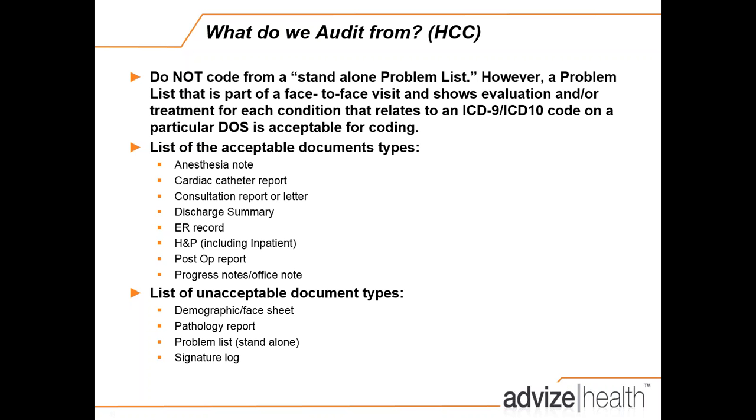Cardiac cath is considered somewhat of an ancillary procedure or department, so if we just have a cardiac cath report, we cannot use it. But if we have the cardiac cath report inside that data service and it's mentioned in that face-to-face, we can use it. So again, this is just general. Specifics are further on, and then of course we'll get into questions.